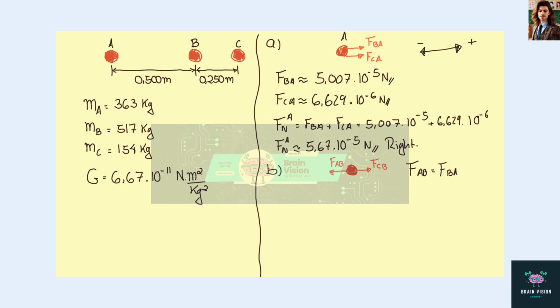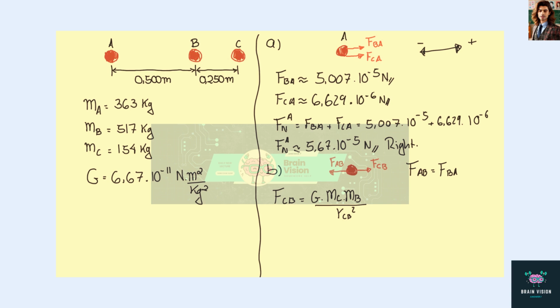The only thing that we have to calculate this time is the magnitude of the gravitational force exerted on particle B by particle C, because we haven't calculated it yet. Then we have the following. FCB is equal to G times the mass of particle C times the mass of particle B divided by the distance between particles B and C squared. By the figure, we can see that the distance between particles B and C is equal to 0.25 meters.